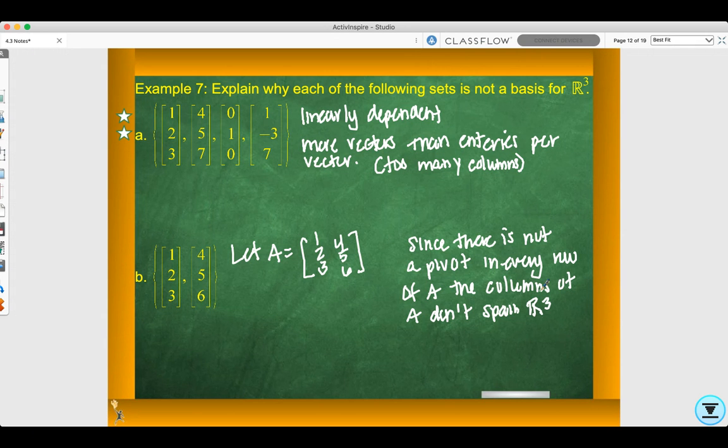So in order for you to be able to get a pivot in every row, you would need one more column.